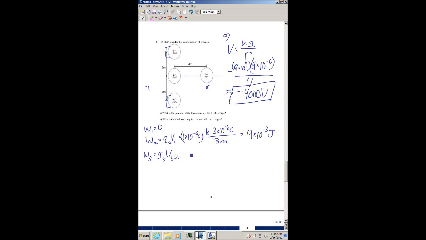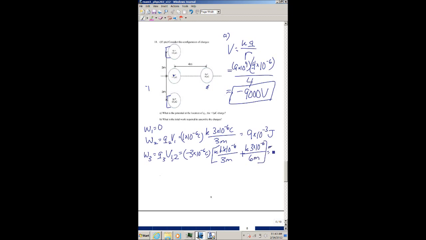And work 3 is going to be Q3 times V1 and V2. So the potential due to particle 1 and particle 2, that's going to be Q3, which is negative 3 times 10 to the minus 6 coulombs, times k times 1 times 10 to the minus 6 over R, which is 3 meters, plus k times 3 times 10 to the minus 6 over R, which is 6 meters.